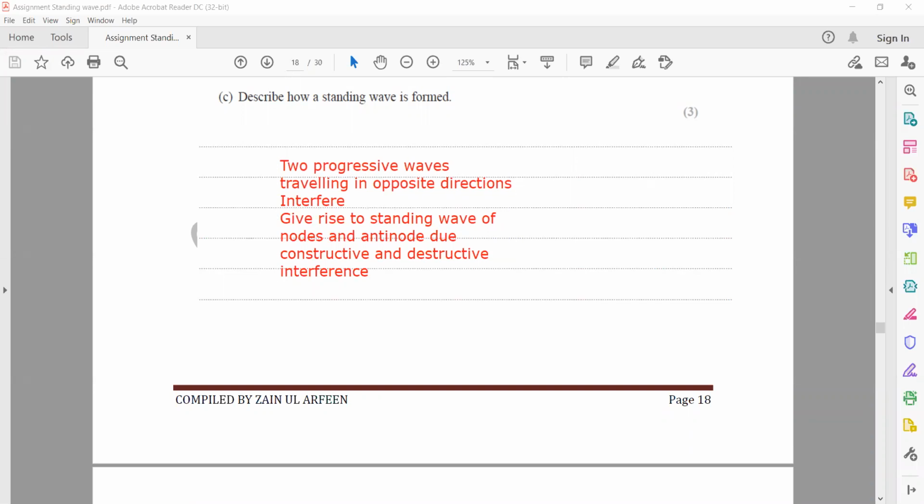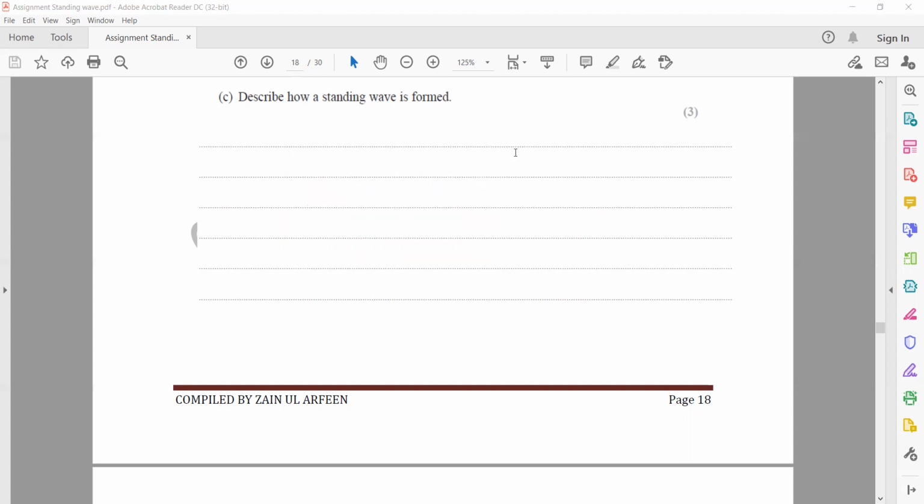Yeah, that's right, Christopher. They meet and form nodes and antinodes. Nodes are minimum amplitude, destructive interference, whereas antinodes are constructive interference.